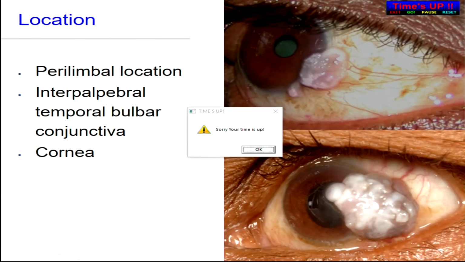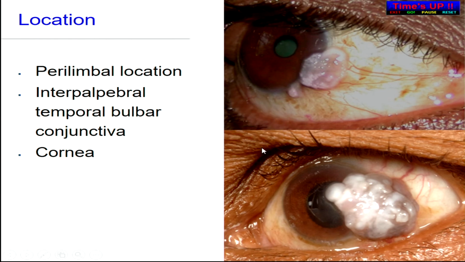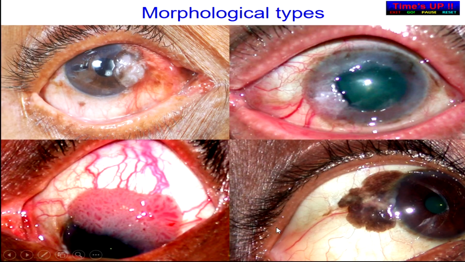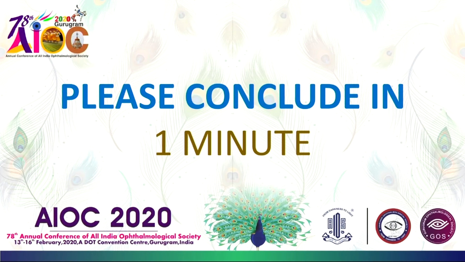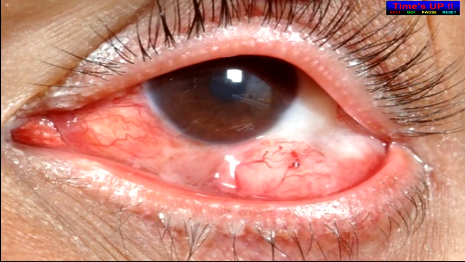So location-wise, as I told you, OSSN is perilimbal. It can be interpalpebral, or it can involve the cornea. So these are the morphological types. You can have keratin, jelly-like appearance, papillary fronds, and sometimes pigmented as well. All right, so cornea, and these nodular ones are the dangerous ones.